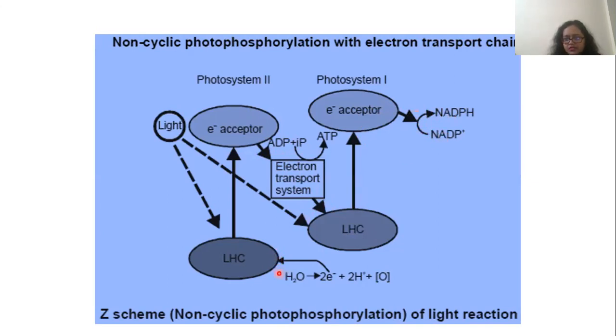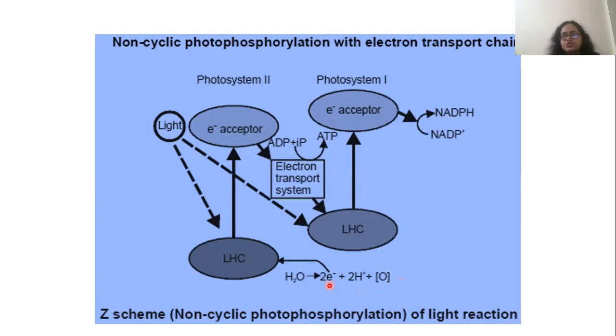Now here you can see, near the P680, water splitting is shown. Water splitting releases 2 electrons, 2 H plus and an oxygen atom. When 2 molecules of water are present, 4 H plus and an oxygen molecule are released. Hence we can see that in non-cyclic photophosphorylation, oxygen is released and electrons are also produced.